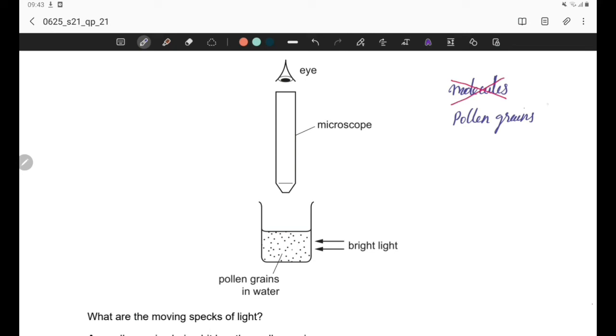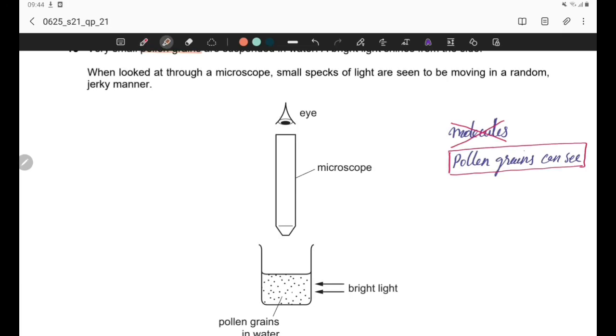It is because the size of the pollen grains is much greater compared to the size of the molecules, so that we can see them with the help of this arrangement. So in this question, the small specks of light that are seen are nothing but pollen grains.